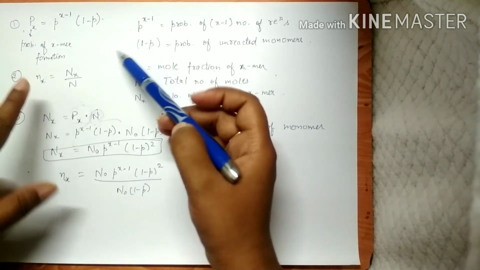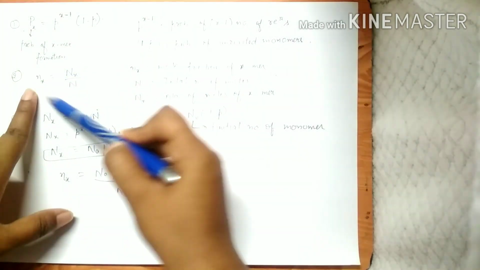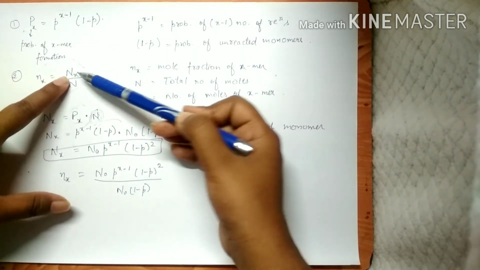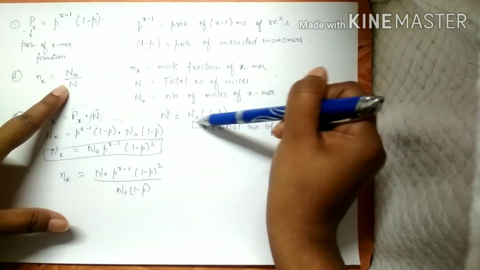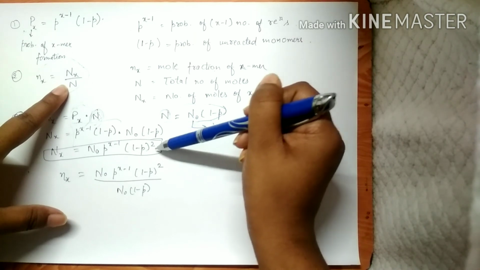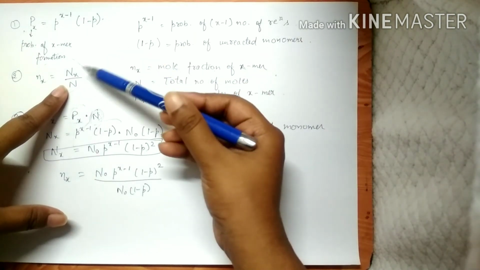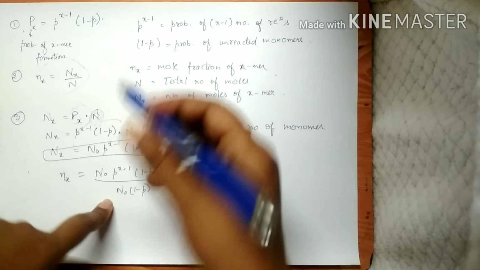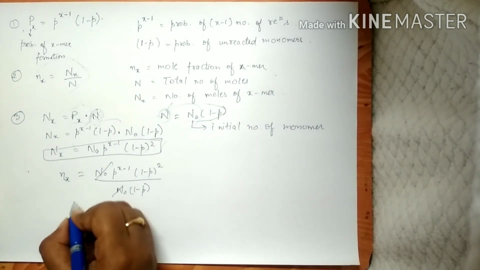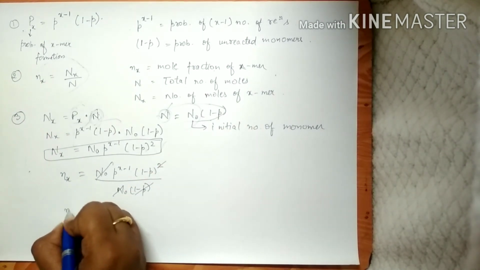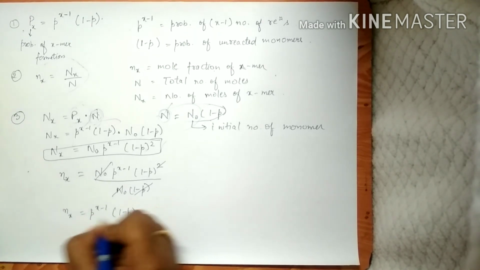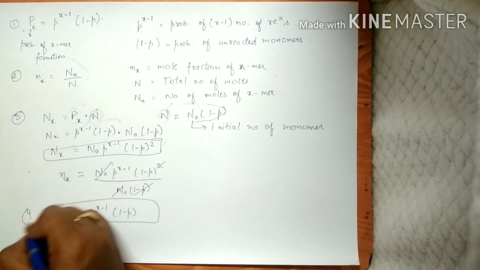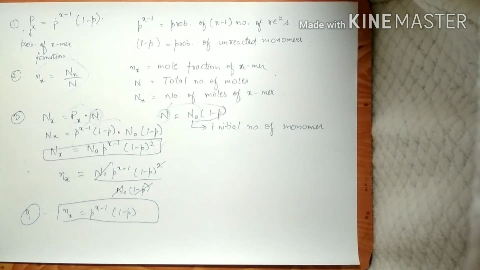What I have done is I have used this formula: I have put the value of Nx, which is this one, and capital N, which is this one, in this equation. On solving, what we get is small nx is equals to p to the power x minus 1 into 1 minus p. This is another equation, the fourth. So far these are the formulas which we have to mug up.